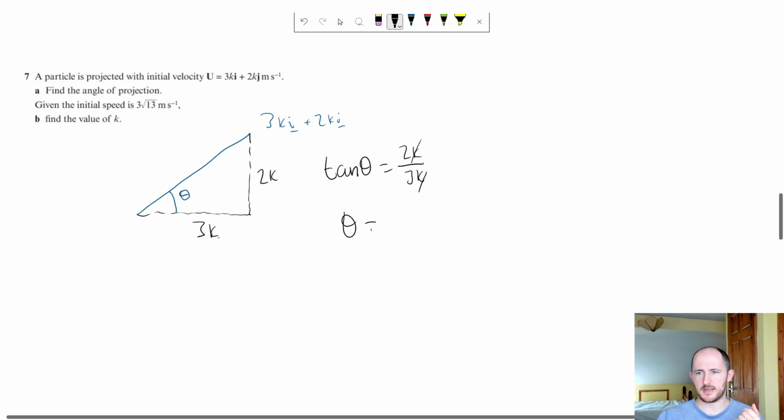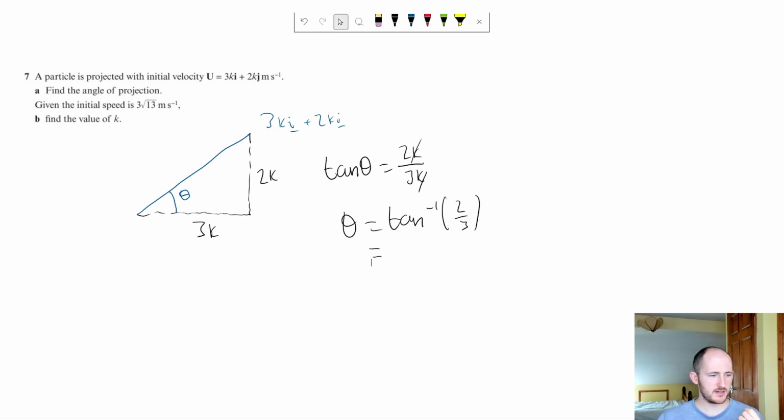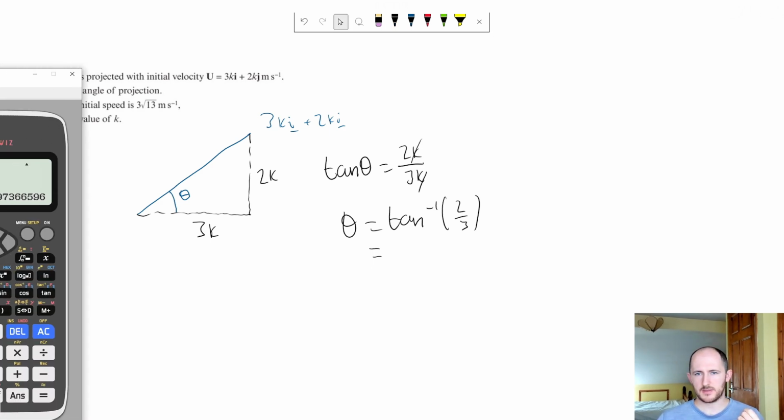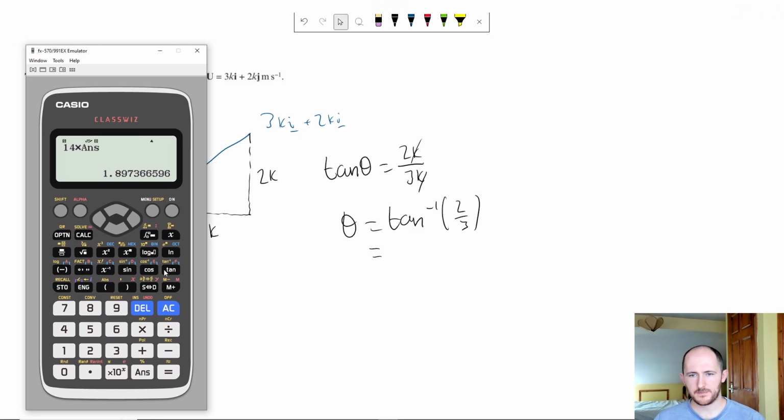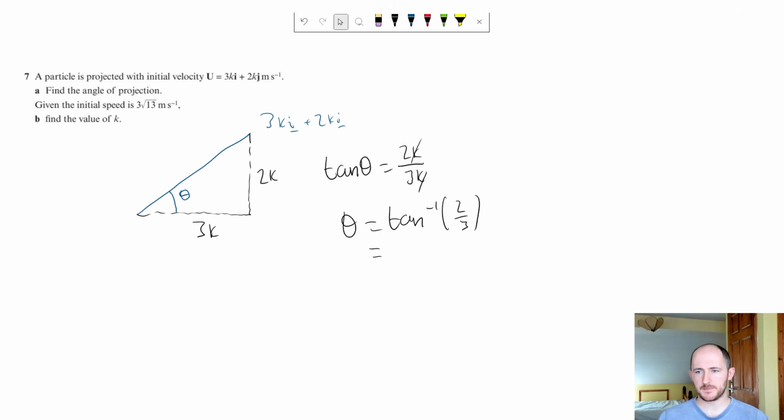That means theta is just inverse tan of 2/3. I feel like I've done inverse tan 2/3 many times. I feel like it's going to be 30 something degrees, but let's see. Inverse tan 2/3. Not bad. 33.7 degrees.